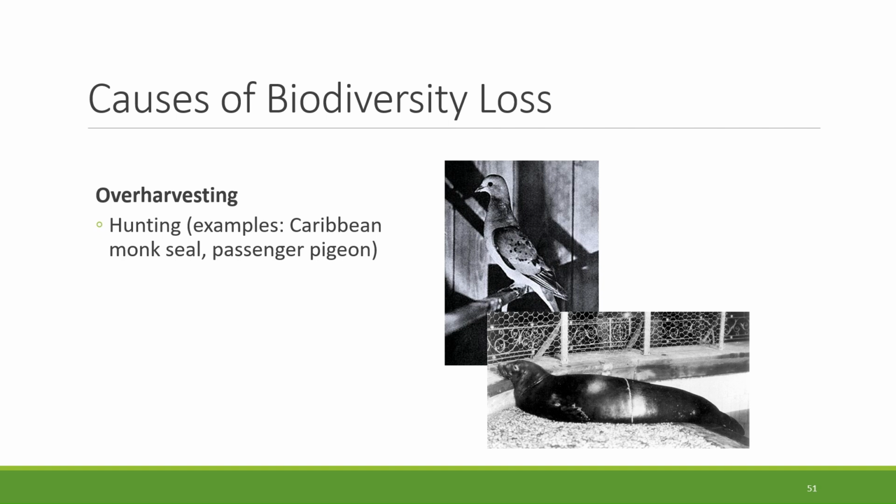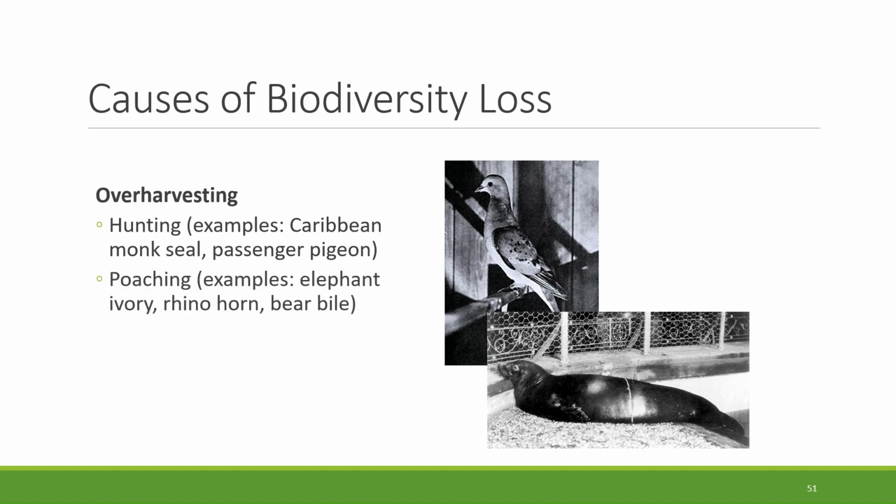There are many other instances of animals that have been hunted nearly to extinction, but then ended up being saved because humans managed to overlook some small population that was unknown to them, like the northern elephant seals that we talked about previously. Poaching is also a threat to many species.